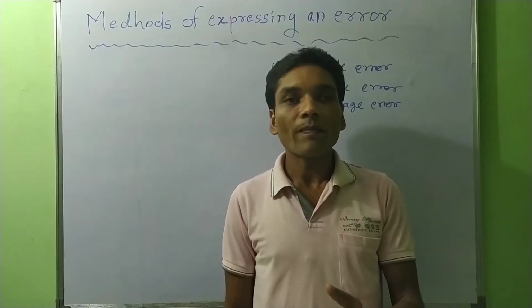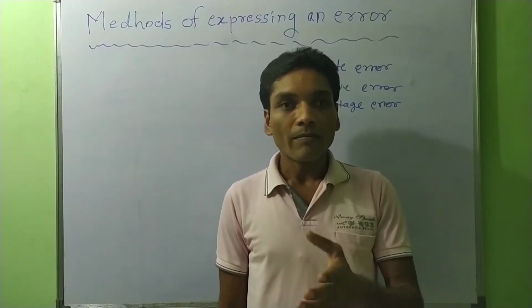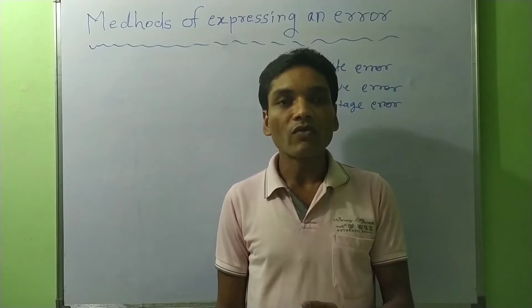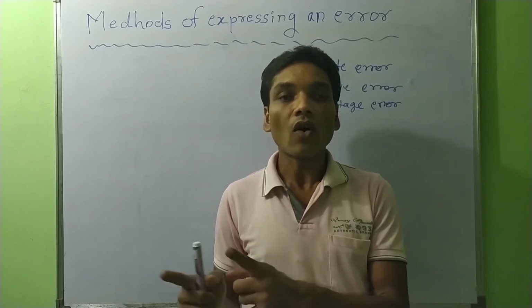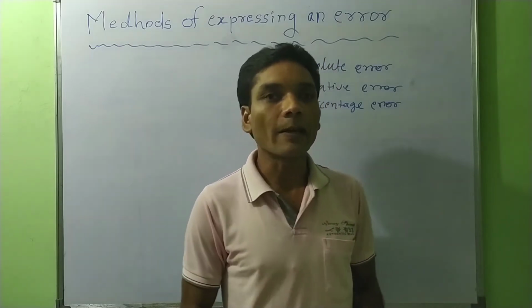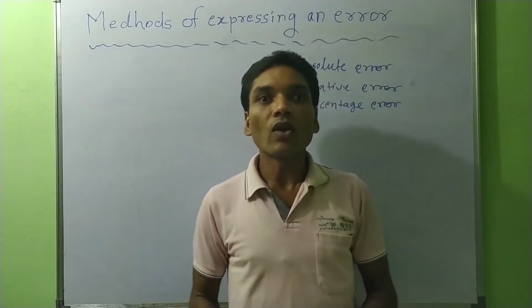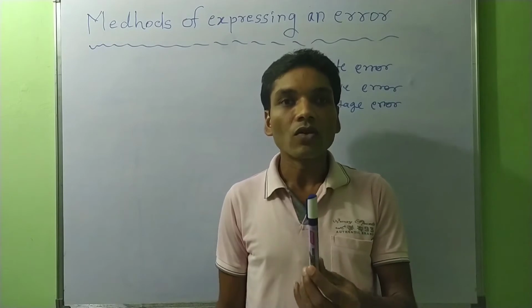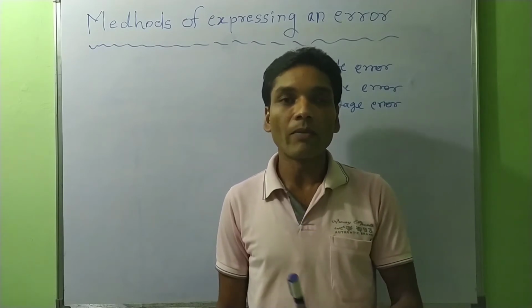The definition of absolute error is the magnitude of the difference between true value and observed value. So what is the true value? We will understand here. Let any rod be given to us to measure the length in the laboratory.